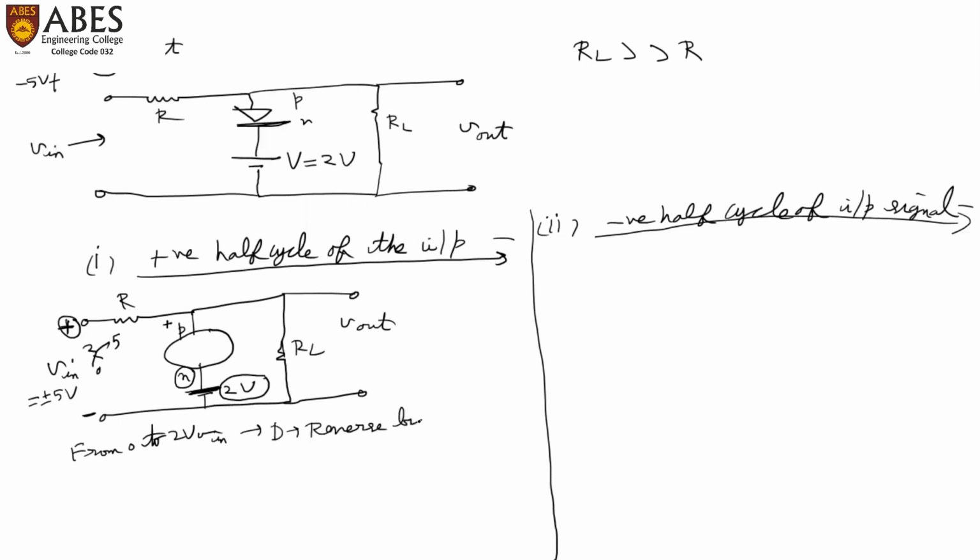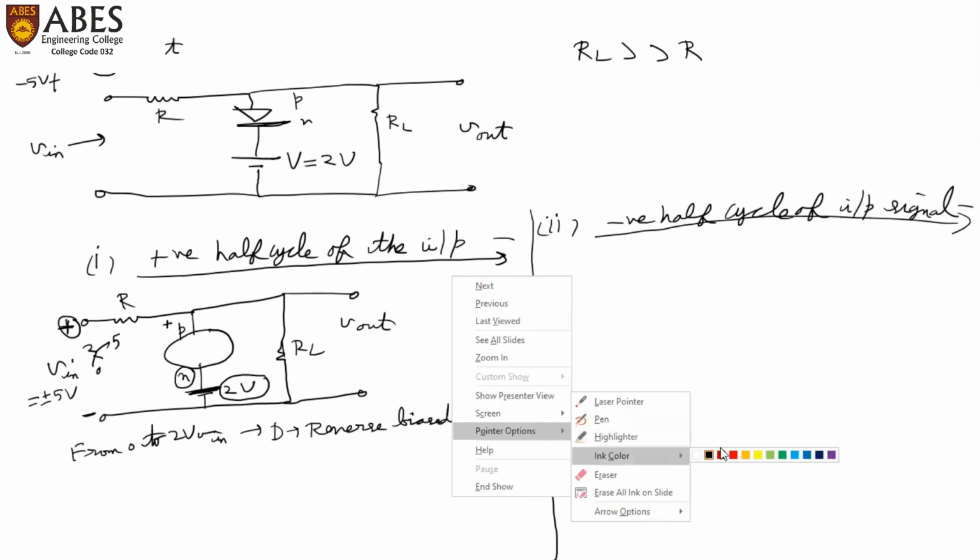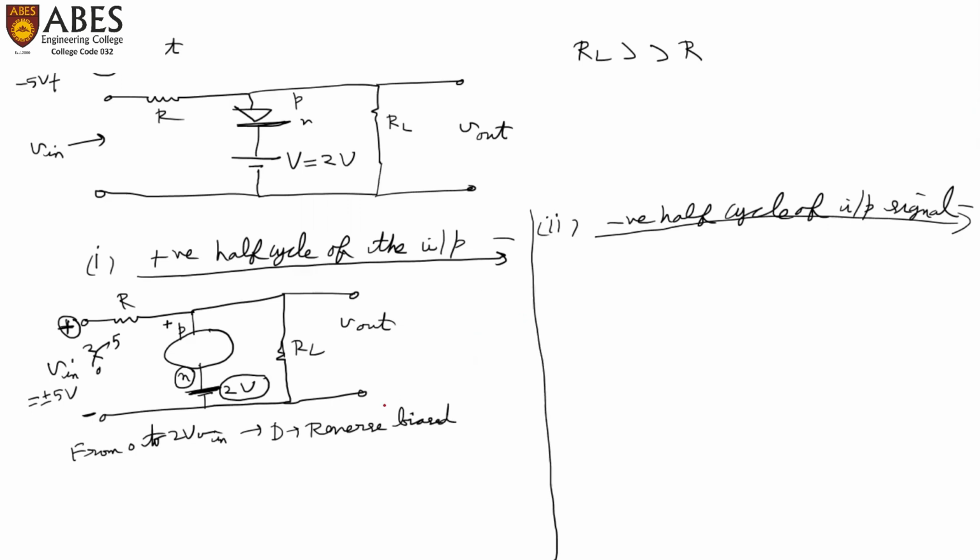And the diode being reverse biased means that this portion, let me change the color of the ink, red. Okay, so we are saying that when V in is from 0 to 2 volt, the diode will be reverse biased, and if it is reverse biased it is an open circuit, so we have only this portion here to conduct.